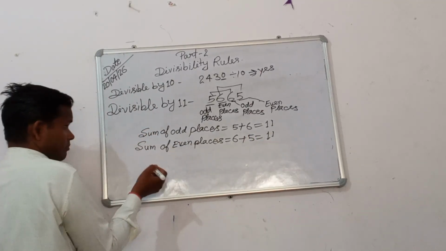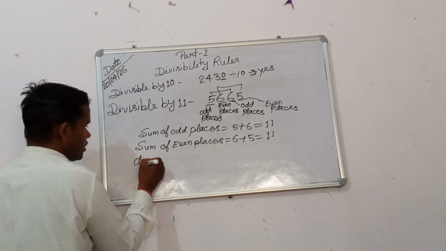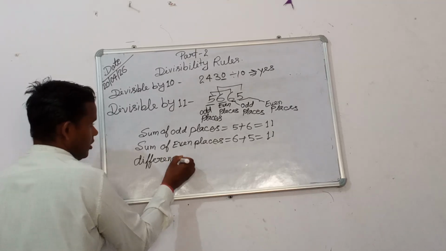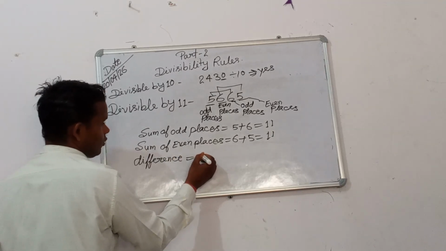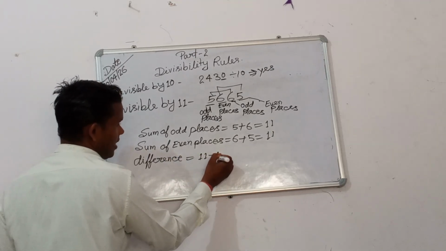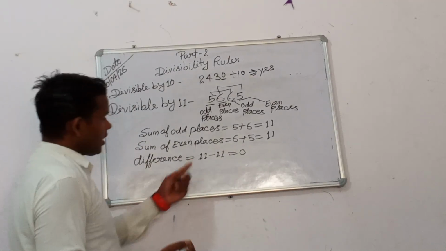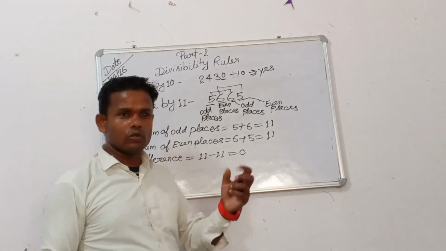Find the difference: 11 minus 11 is equal to 0. It is clear that 11 minus 11 is equal to 0.